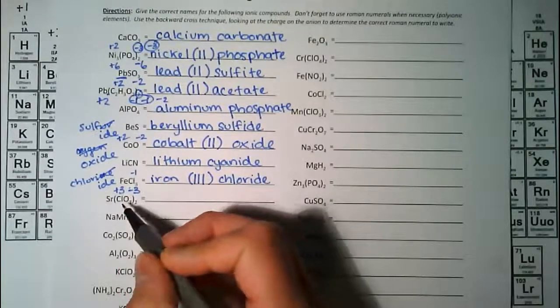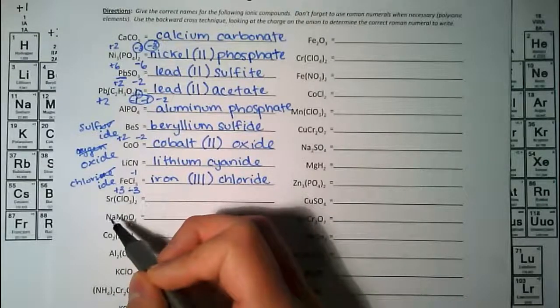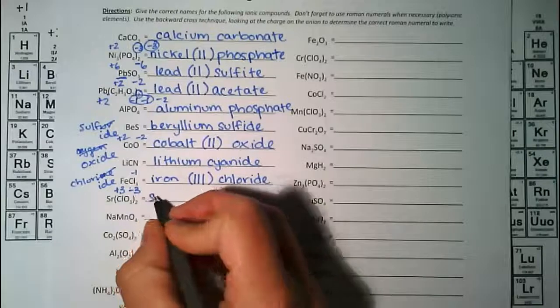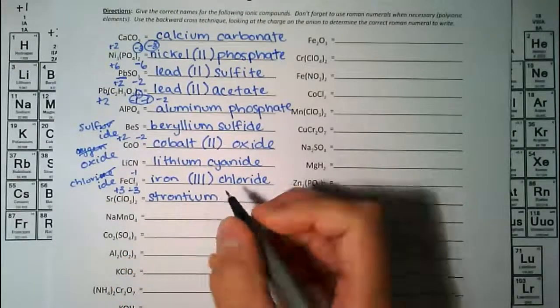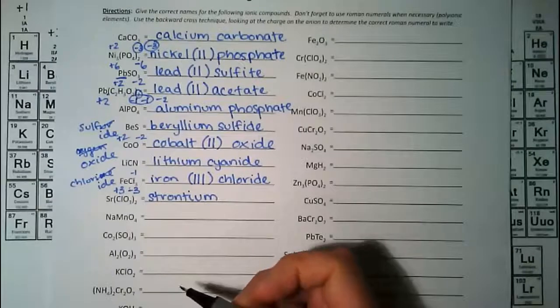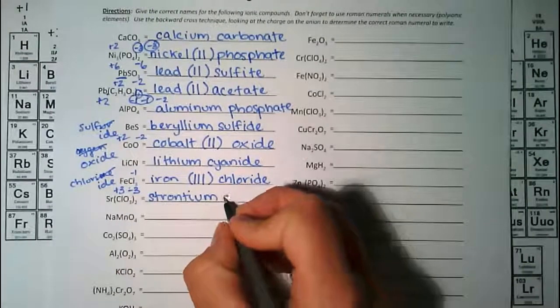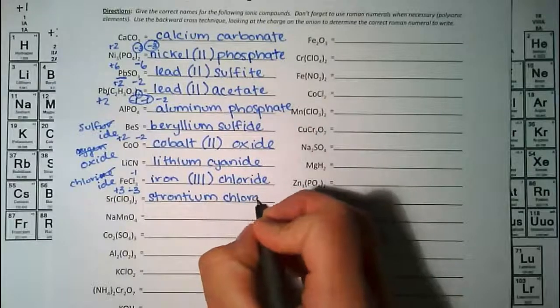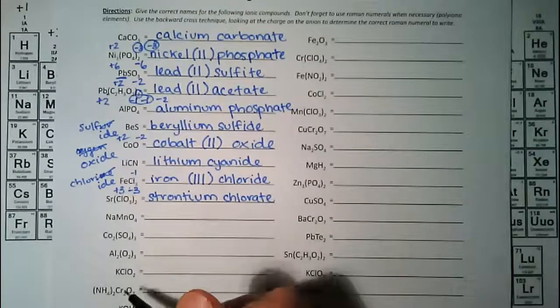Next I have Sr and then ClO3 twice. So Sr is strontium, which is a main group metal, so I know I'm not going to need a Roman numeral. So strontium. No Roman numeral necessary. And then ClO3 I know is the chlorate ion. So I don't need a Roman numeral, so I'm just going to put chlorate. Strontium chlorate.